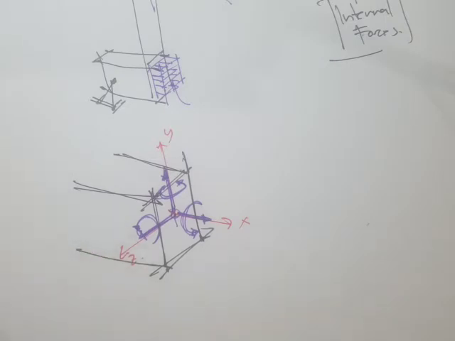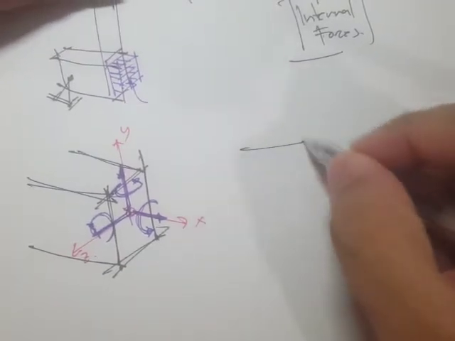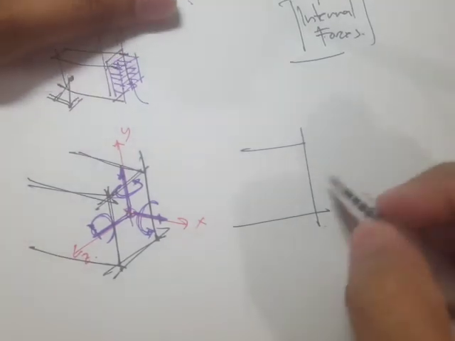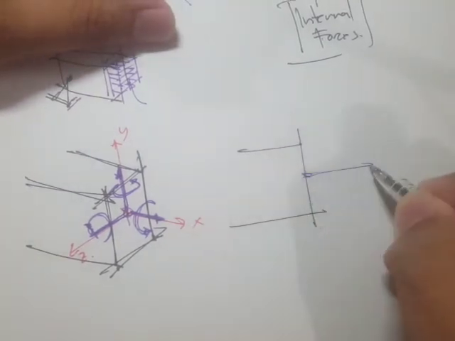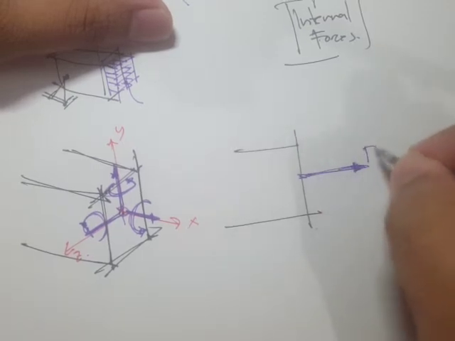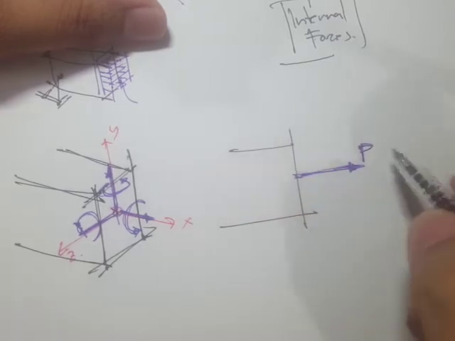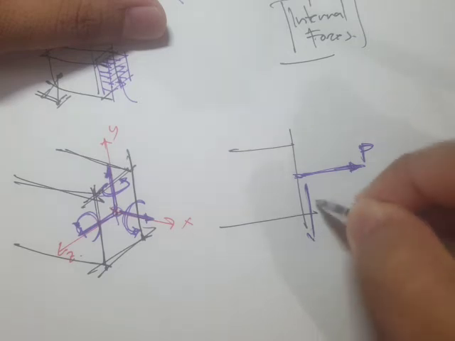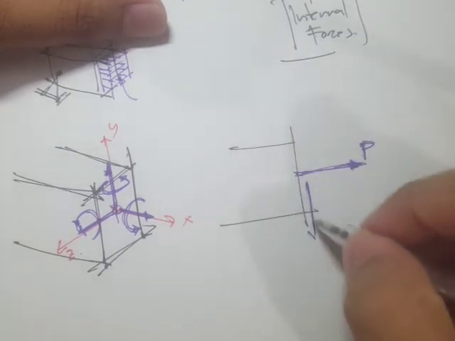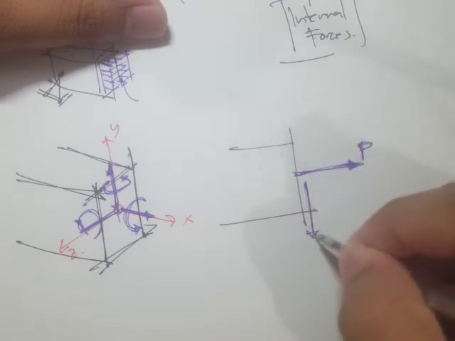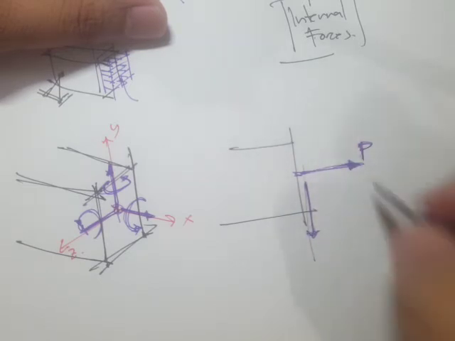Now, if we are just dealing with two-dimensional systems, then by default we have these internal forces. This one is specifically denoted as P, or sometimes they use N, along this direction. Anyway, the direction could be downward or upward, but along the y direction.